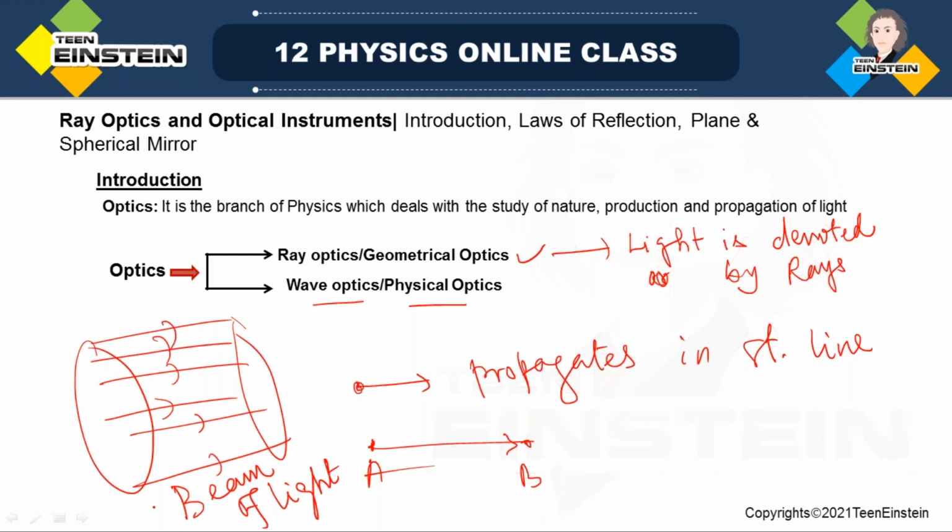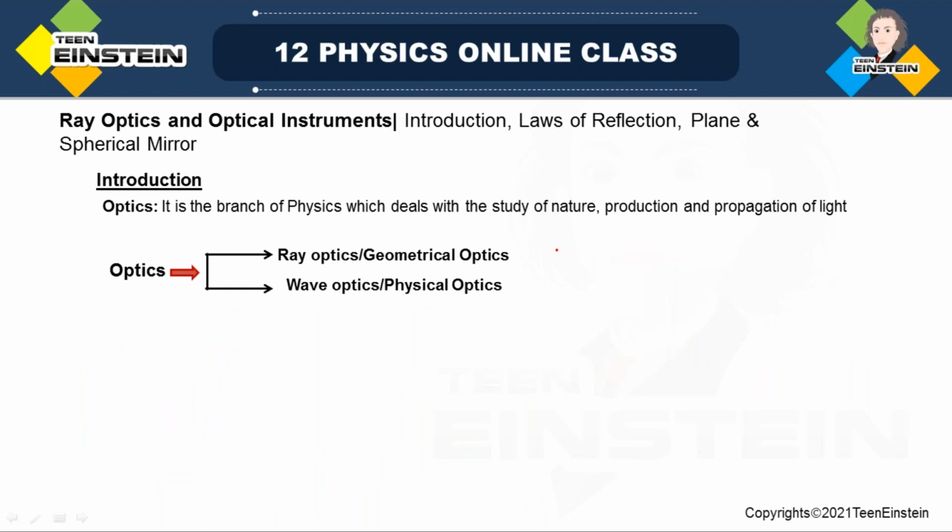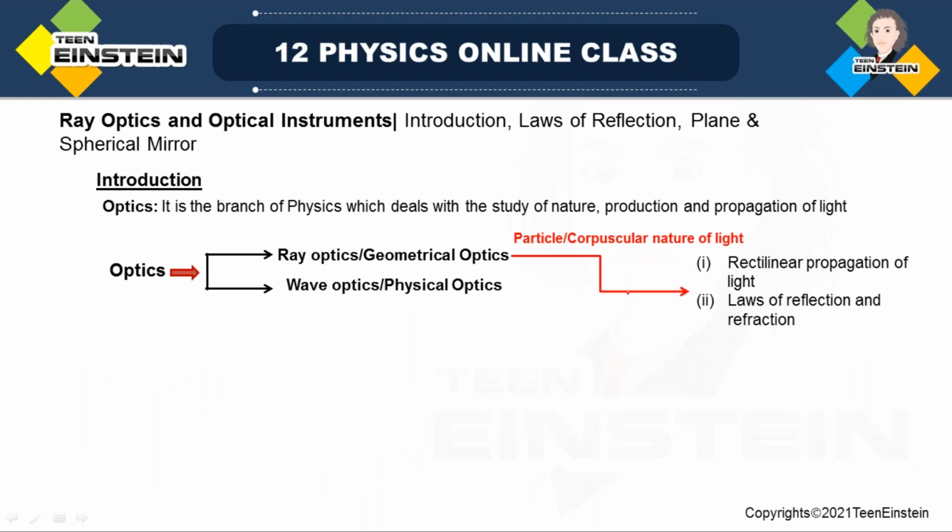So in ray optics, what are the points of concern over here? See, ray optics means we assume that light propagates in a rectilinear path. Rectilinear means linear or straight line path.